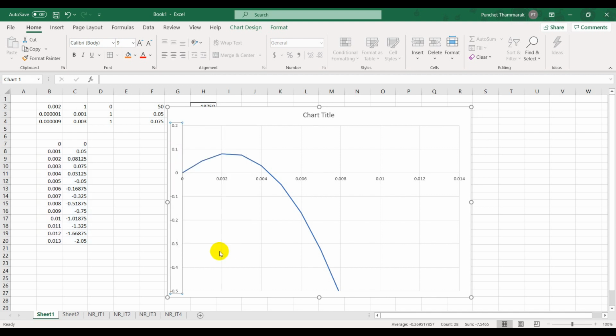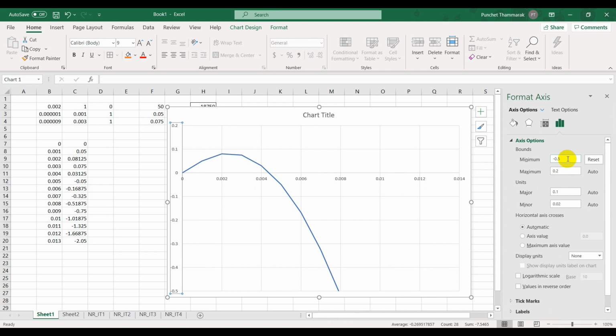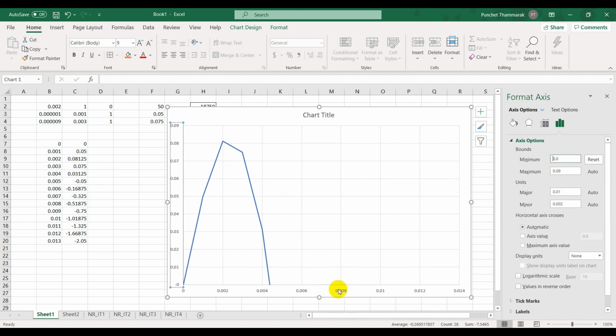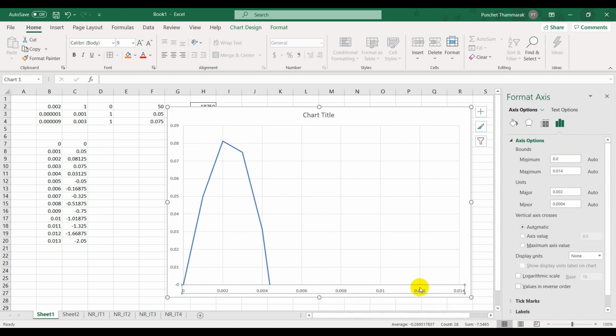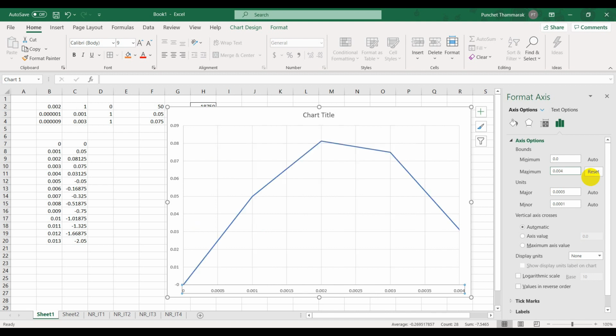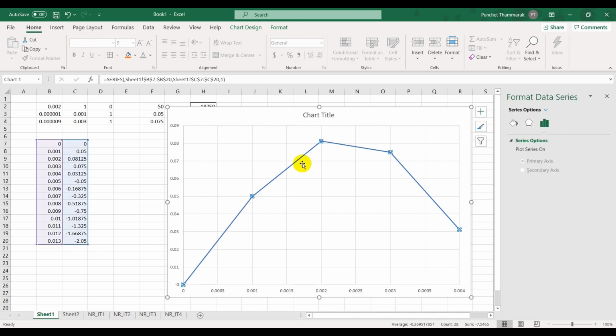I fix the axis. And this axis 0.4. Okay, so here is the straight line portion.